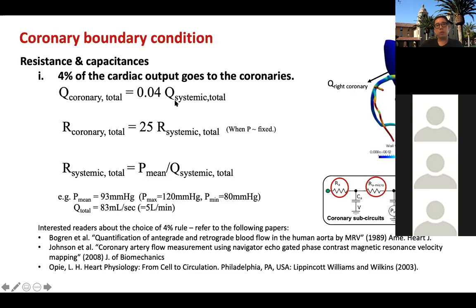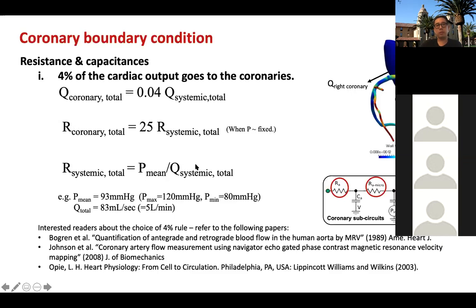So the translation of this equation into resistance is that the total coronary artery resistance is 25 times higher than the systemic flow resistance.